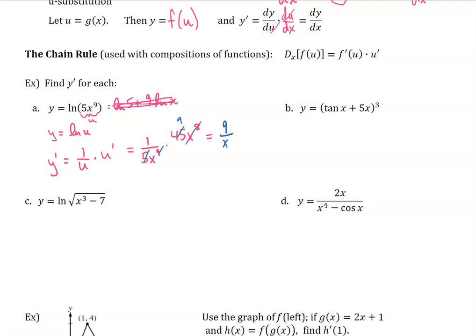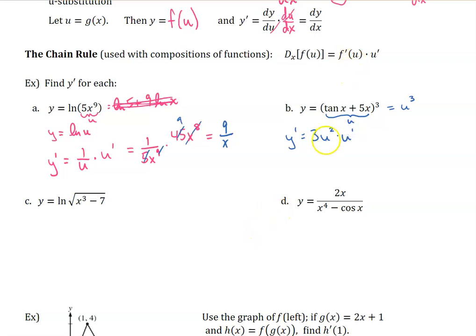Otherwise, keep watching, okay? So for this one, my outer function, my f of u function is u cubed, okay? And this inside piece, tangent x plus 5x, that's u. Okay, so now when I take the derivative of u cubed, I use the power rule, so that's 3u squared times, and I have to multiply by u prime.